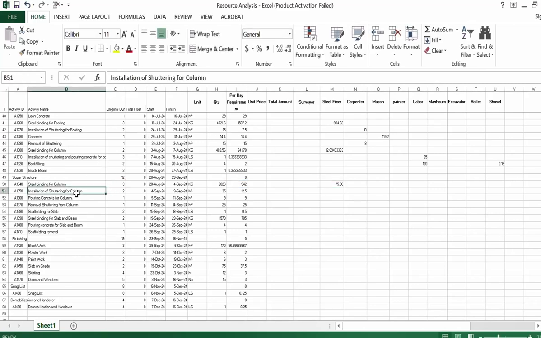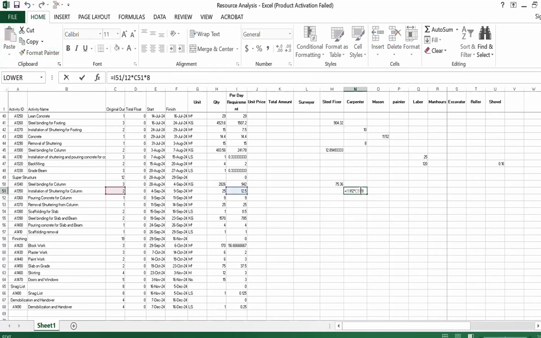Next activity we have installation of shuttering for column. We will copy the activity from here for the carpenter and put it next to the installation of shuttering for column and paste it here.